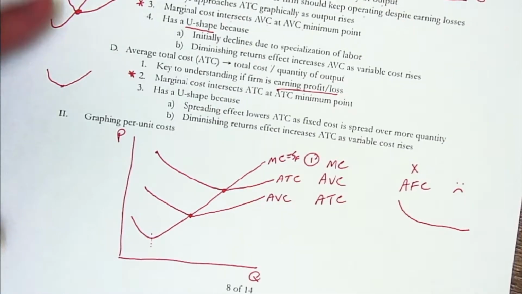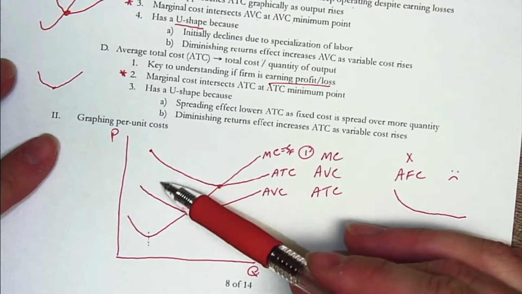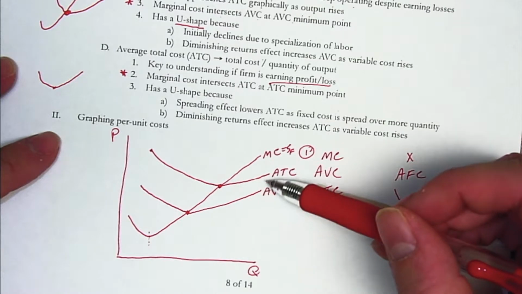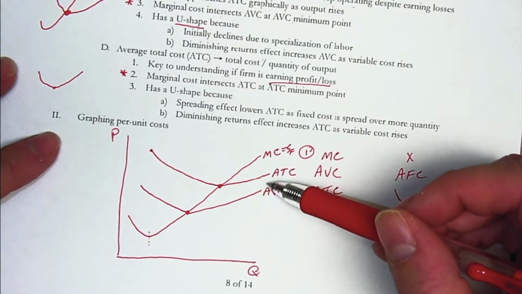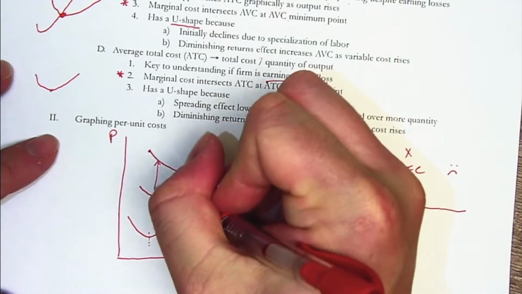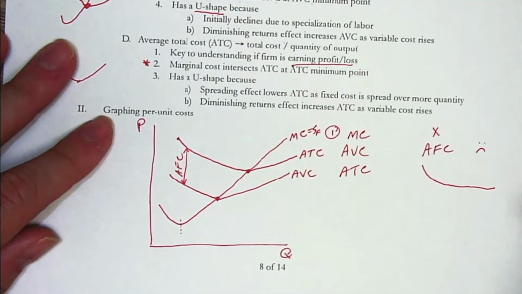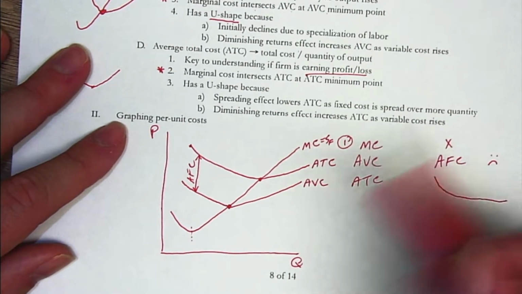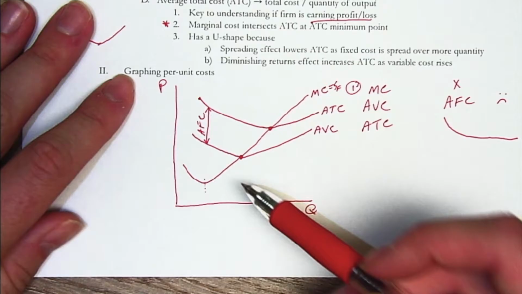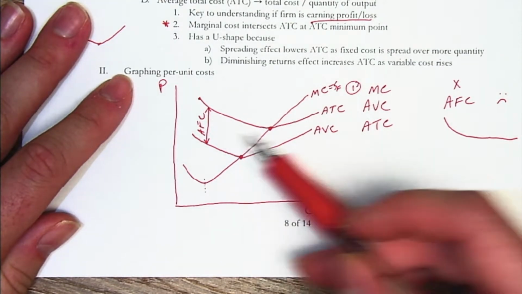ATC. Now, one thing to note is that my lines aren't actually the same distance apart, and that's because ATC and AVC are going to get closer and closer together as the quantity goes out. That's because the distance between here and here is actually the AFC. Remember up here, AFC plus AVC equals ATC. If you have an AVC and then you add to it the AFC, you get the ATC.